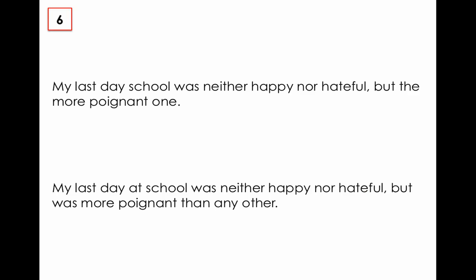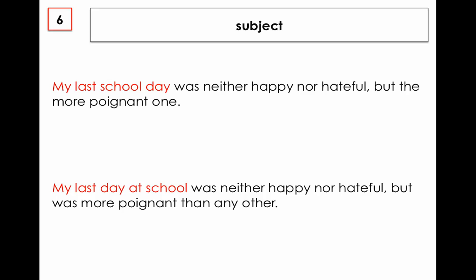Okay, the next two sentences. We have a slight difference in the subject here, my last school day, and then we have my last day at school. Just a slight difference there.